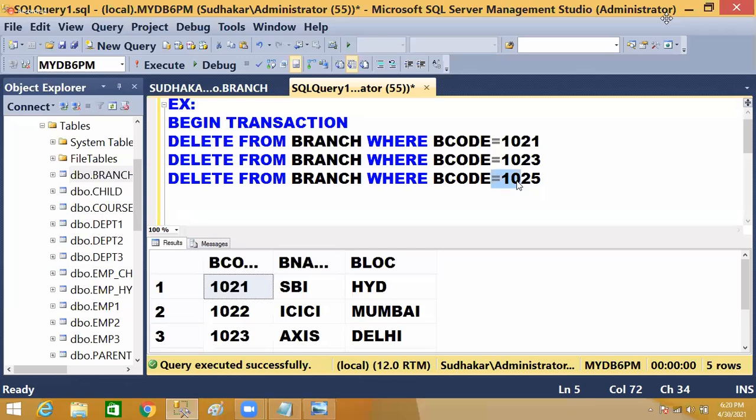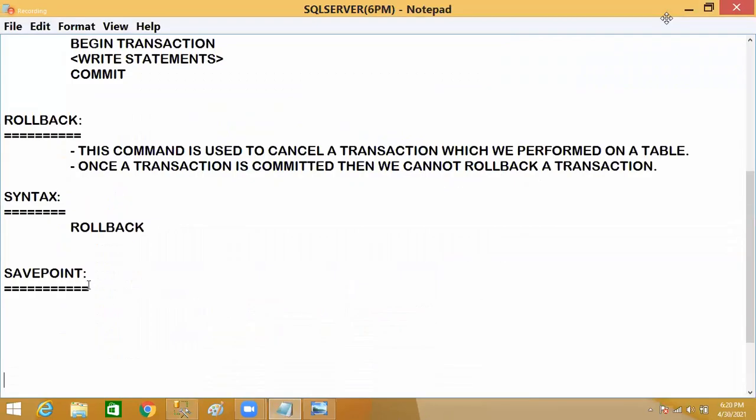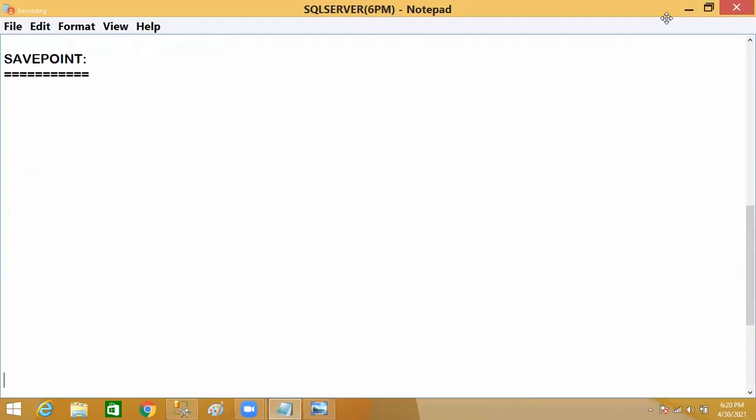Whenever you want to roll back a specific transaction's data, people use what? Savepoint. Savepoint is a transaction command. We require this command whenever a user wants to roll back a specific transaction row data.